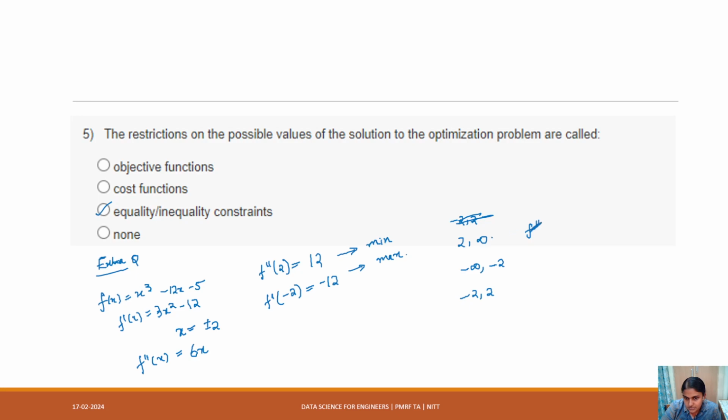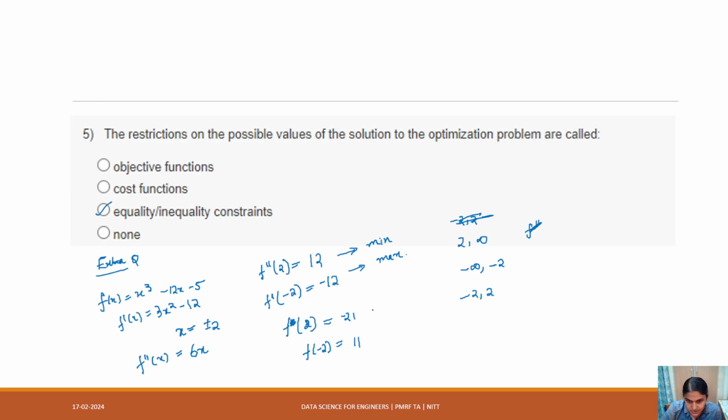Another method: find out f of 2. f of 2 will be 8 minus 24 minus 5, which is minus 21. f of minus 2 will be minus 8 plus 24 minus 5, so it will be 11.